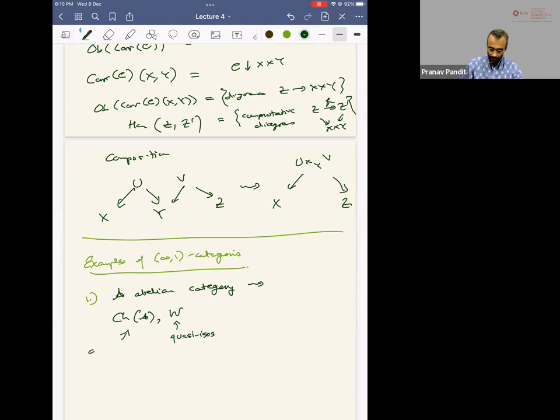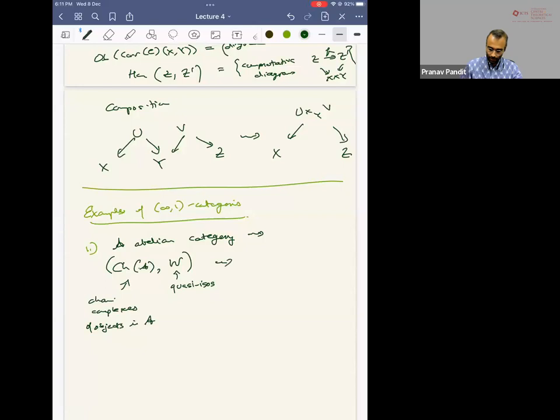These are chain complexes of objects in A. And if you don't know what an abelian category is, just think of R modules. That's a perfectly good example. I'll give those sub-examples in a moment.